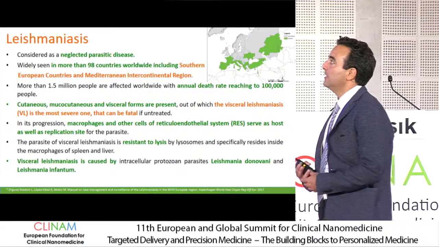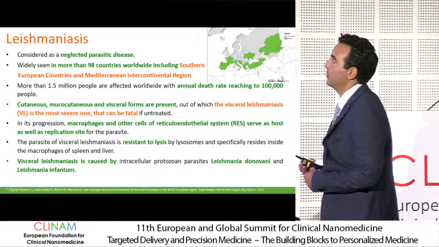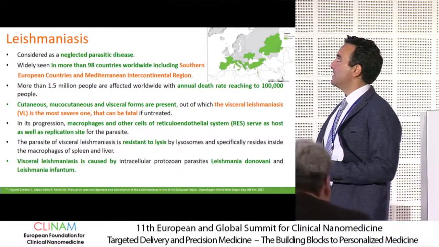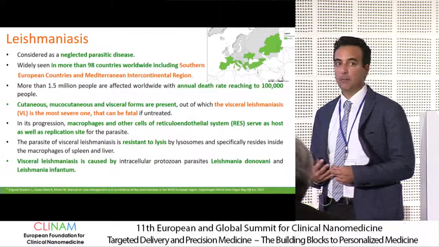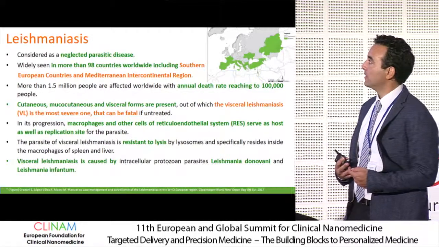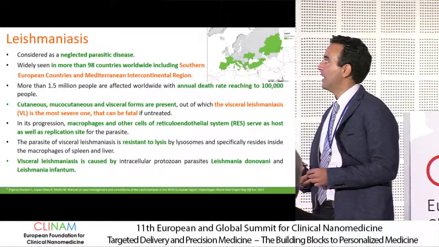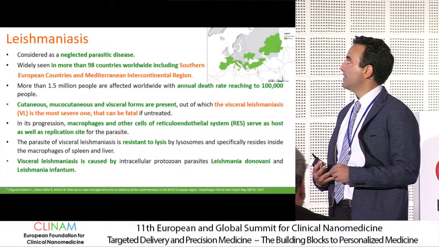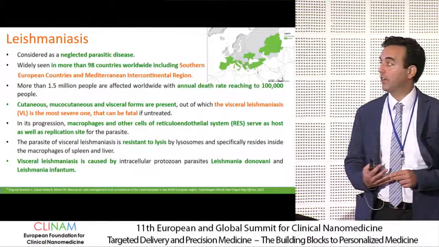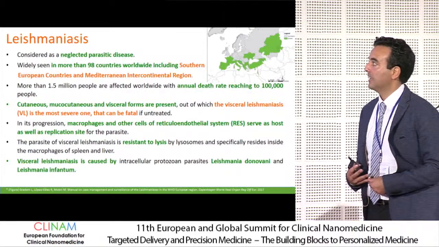In its progression, macrophages and other cells of the reticuloendothelial system serve as host as well as replication site for the parasite. The parasite of visceral leishmaniasis is resistant to lysis by lysosomes and specifically resides inside the macrophages of spleen and liver.